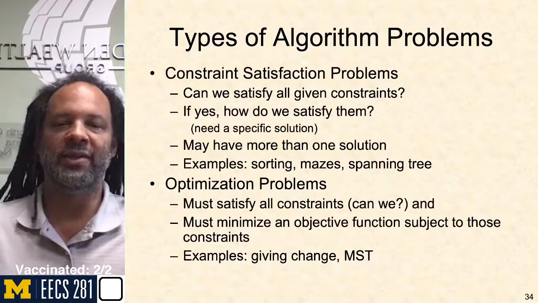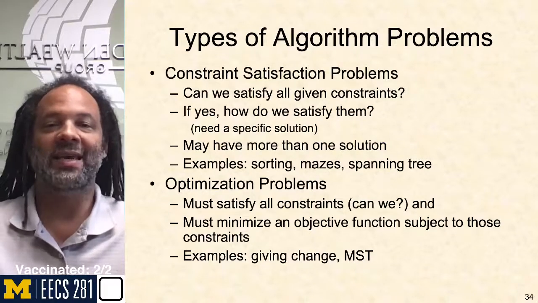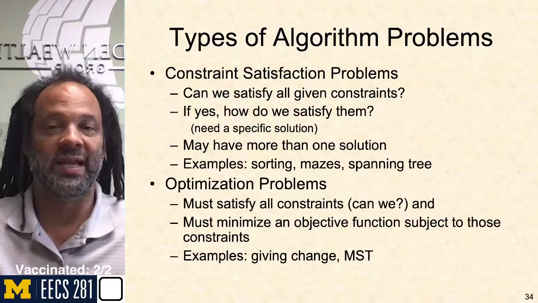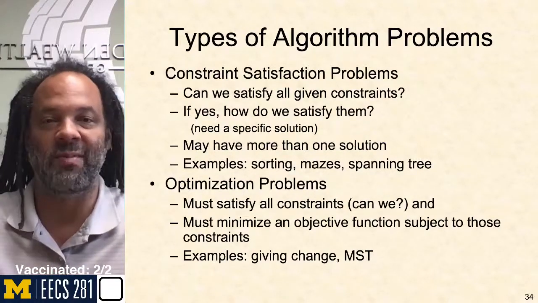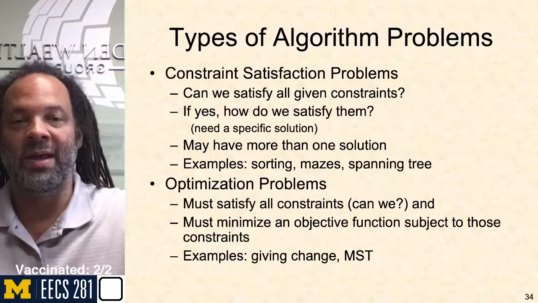So when we were making change, the constraint satisfaction was I need to give them back the money that they are owed. They owed 30 cents, I need to give them back 30 cents. That was the constraint satisfaction, because if I gave them back less money, they were upset. If I gave them back more money, the boss was upset.